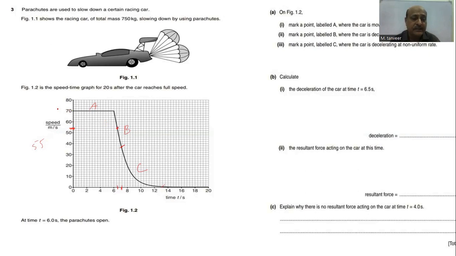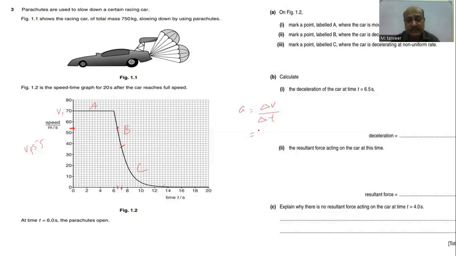And this is the initial VI, and this is the final VF, and time is 6.5. You have to find the acceleration. So the formula for deceleration is change in velocity divided by change in time.